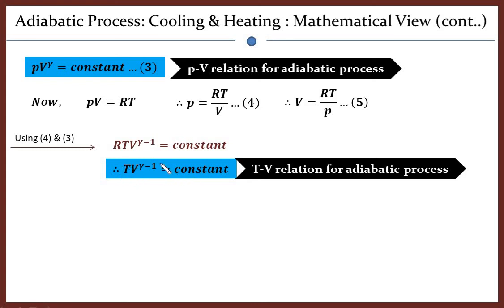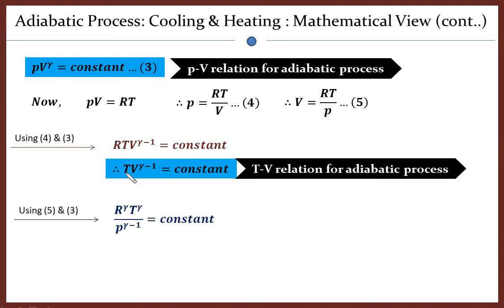Otherwise, this whole factor, this left hand side, cannot be a constant. If V is decreasing, you have to increase T. Similarly, for adiabatic expansion, V is increasing. So in order to preserve this constant, you have to decrease T. So during compression, temperature is increasing. During expansion, temperature is decreasing.